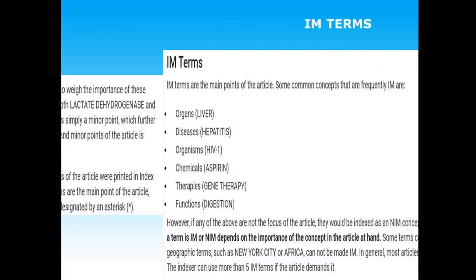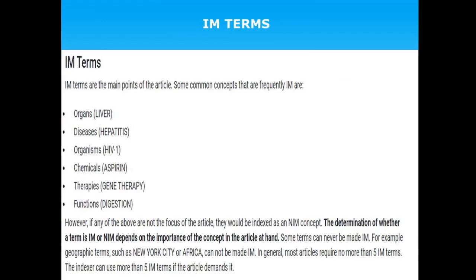Fine. So these are the common IM terms. They necessarily need not be IM. These are the common IM terms, right? Organs, disease, organisms, and these are the common. However, if any of the above are not the focus of the article, they would be indexed as NIM. Remember that. It depends upon what the article is talking about, the importance of the concept in the article in hand.